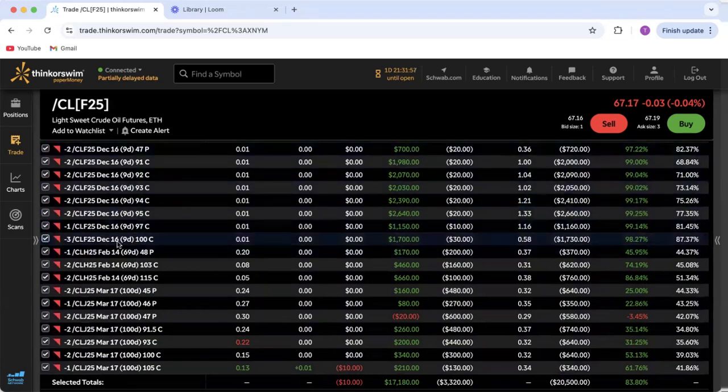The top 8 are expiring in 9 days, so those are going to be gone in 9 days. Then I have a group that are 69 days till expiration. See those? I have about three strikes there. And then the rest of them are 100 days till expiration.